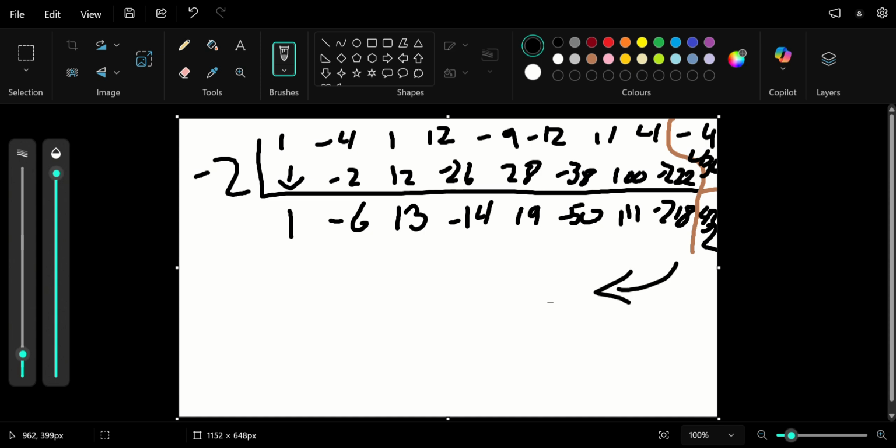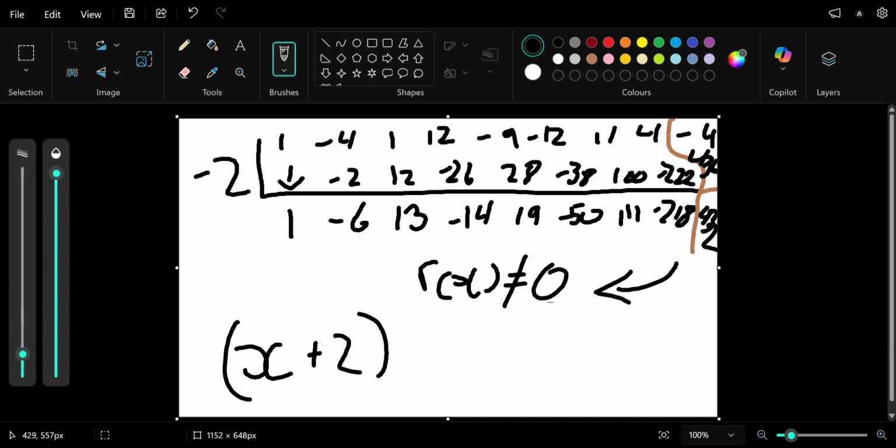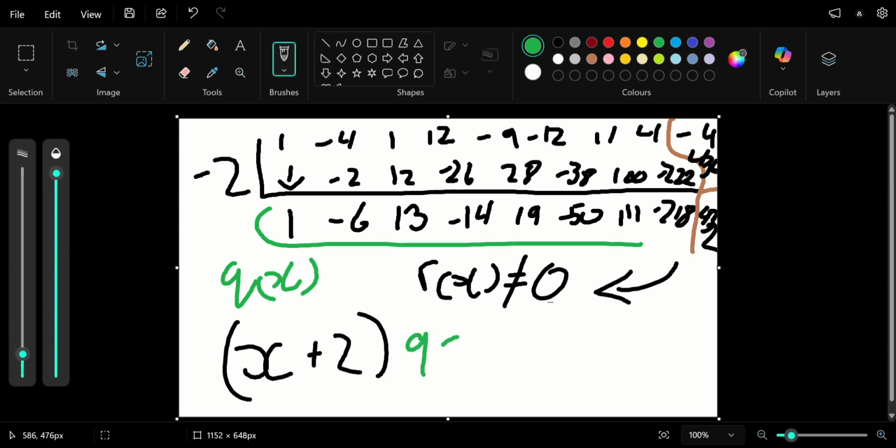So what does this mean for our remainder? Our remainder is no longer 0, so it doesn't divide through cleanly anymore. When writing up the full form, we keep the x plus 2 and we keep this quotient right here, q of x.